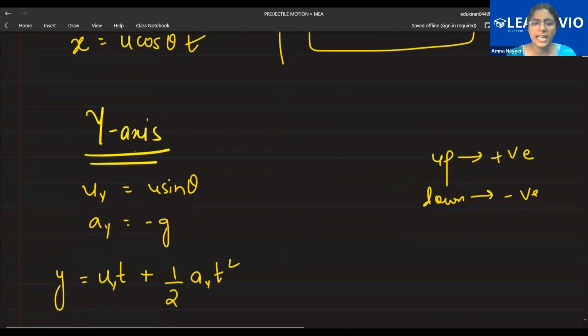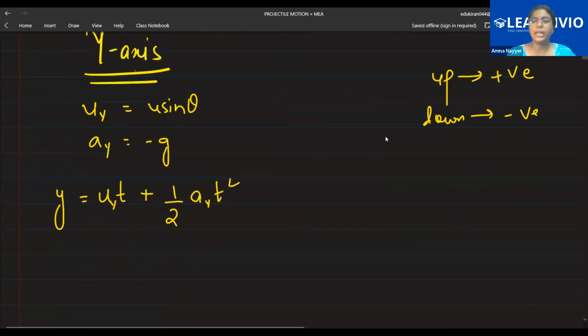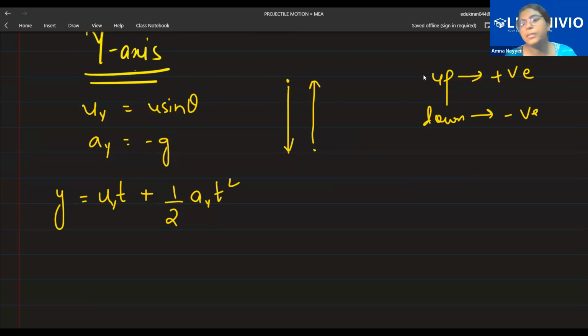Second equation, along y-axis. Whenever we have anything along y-axis, you have to remember if a body is coming down or moving up, we have a particular sign convention. If I choose upwards as positive and downwards as negative, everything acting upwards will be positive and anything acting downwards will be negative.